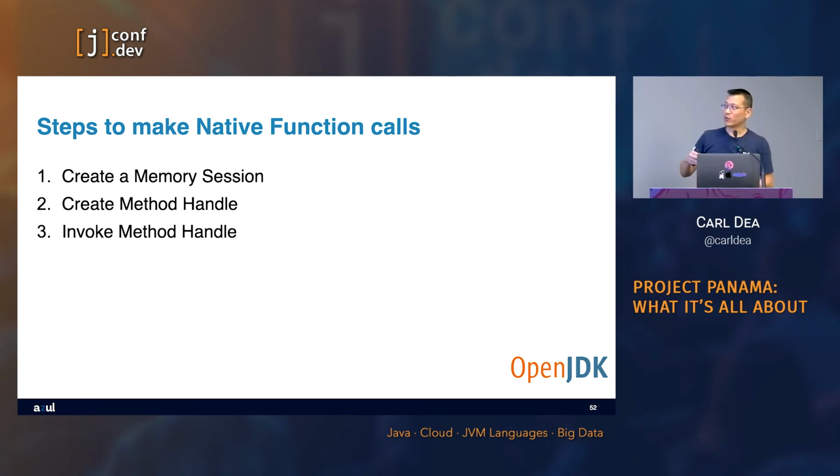But I'm just demonstrating how to create a method handle, and when you create a method handle, it may not be as performant as you would have expected, because you're like, oh, I thought foreign function is faster, if not, as fast as JNI. What's going on here?